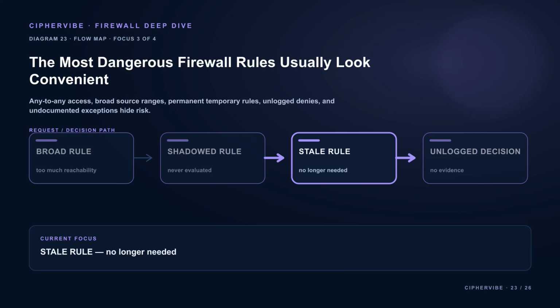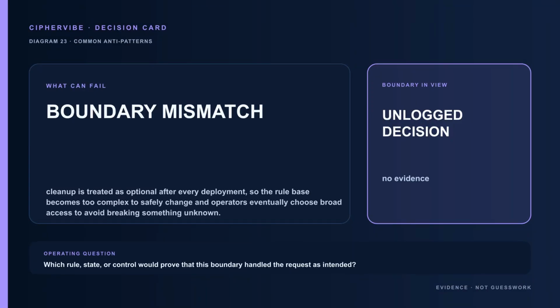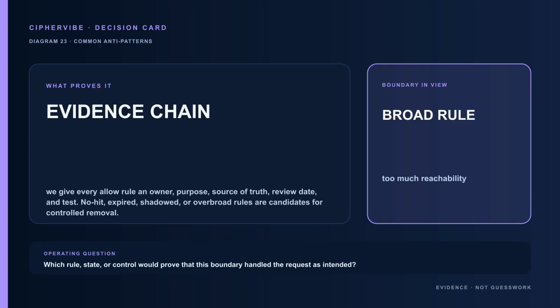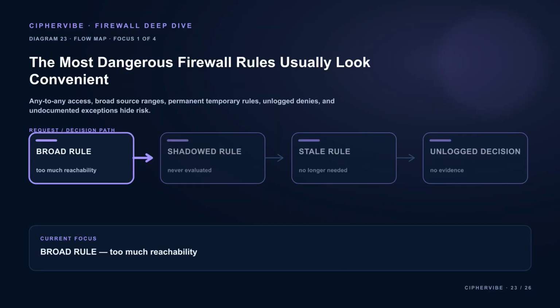They create accidental reachability and make incidents slower because no one can explain why a path exists. Mechanically, policy analysis compares configured rules with evaluation order, current asset inventory, rule hit counts, change ownership, and the intended zone matrix to identify excess or dead access. The common failure is that cleanup is treated as optional after every deployment, so the rule base becomes too complex to safely change and operators eventually choose broad access to avoid breaking something unknown.